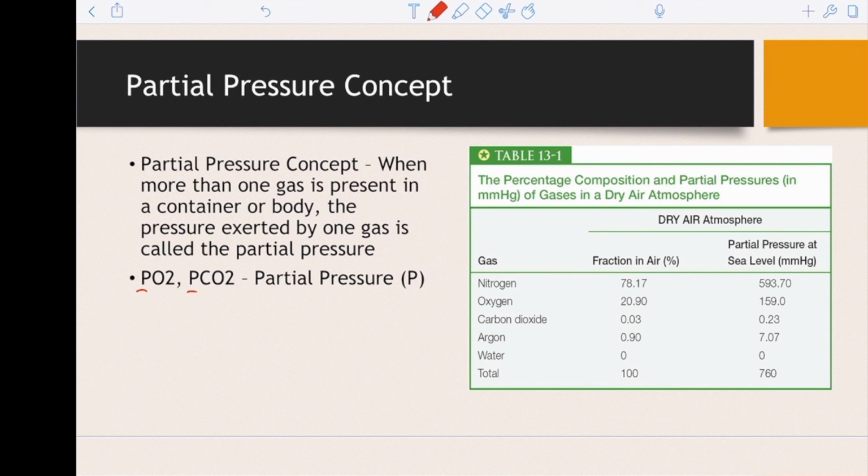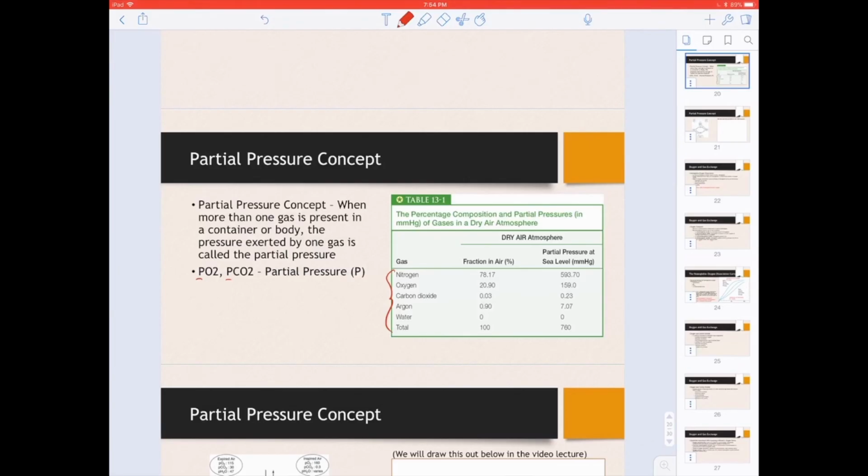The pressure exerted by one gas is called the partial pressure. This shows us the composition and partial pressures of gases in a dry air atmosphere. These are just any number of gases.